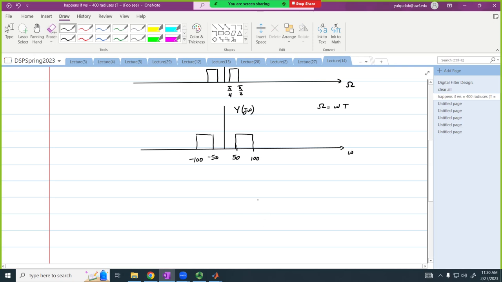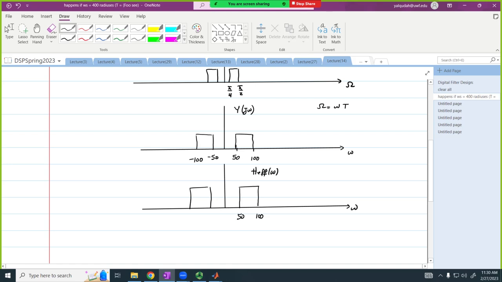And that applies whether we made the frequency smaller or we made the frequency larger. So H effective of W is going to be from 50 to 100.